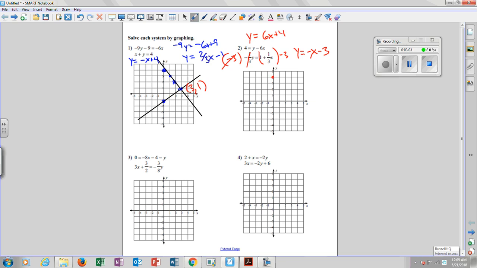First equation, you go up to 4, make a dot. Then because we don't have room to go up 6 here, I'm going to go down 6 and left 1. Now that would be the same as going up 6 and right 1. See how it would form the same line?